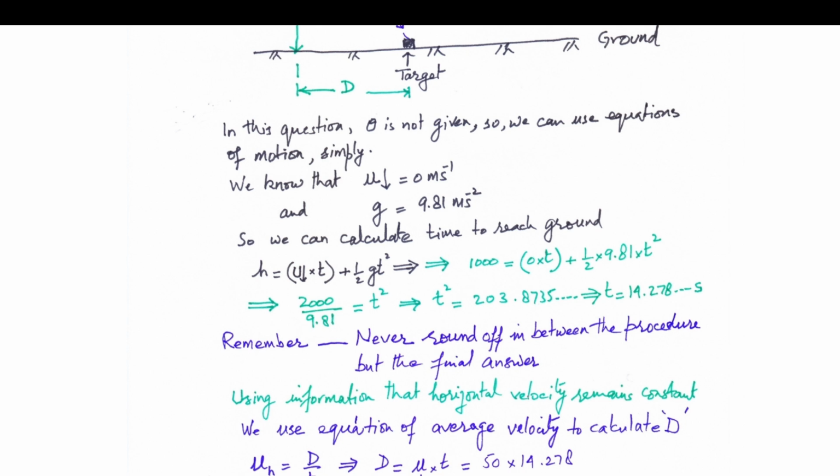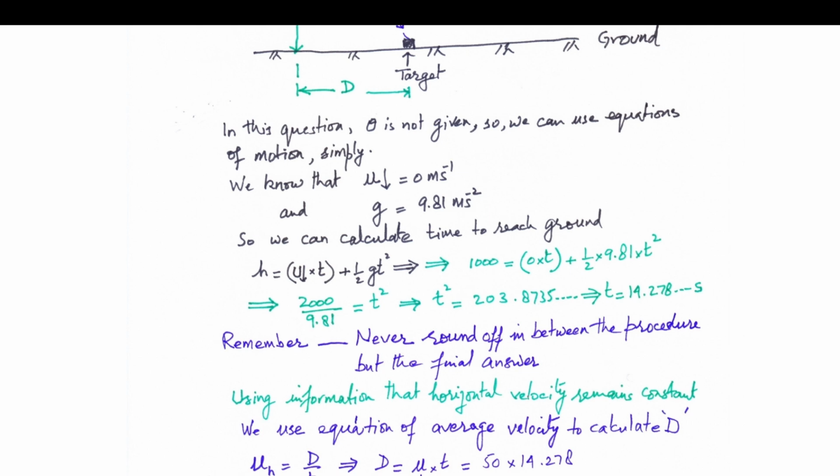We already have calculated t, and we could find out the vertical velocity when the bomb hits the target. Now on the ground, the vertical velocity having been calculated, we have the horizontal velocity, and it would make a right angle triangle, and we use Pythagoras theorem to find the resultant velocity when the target is hit by the bomb.